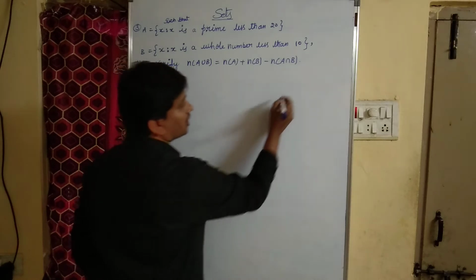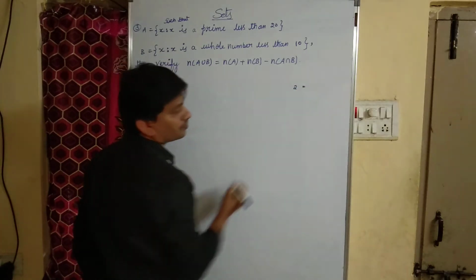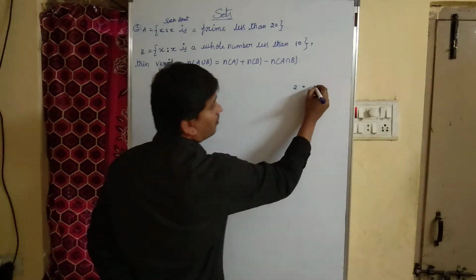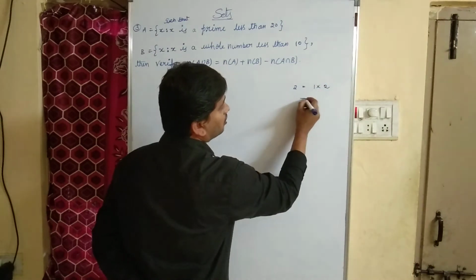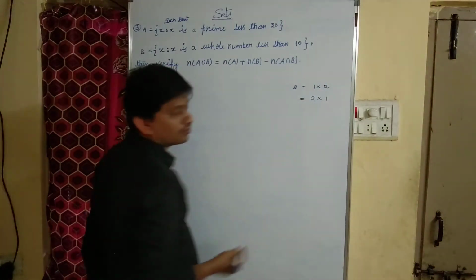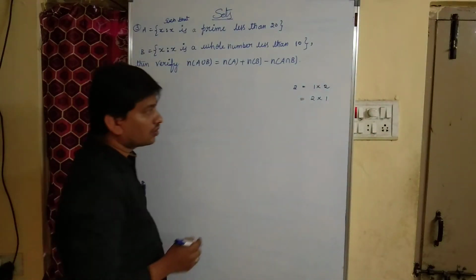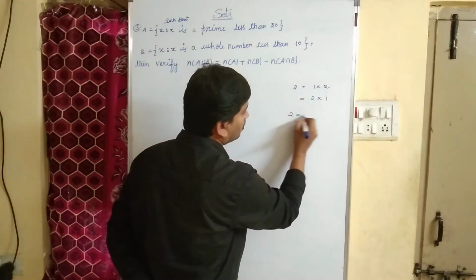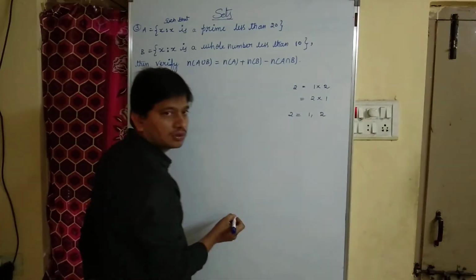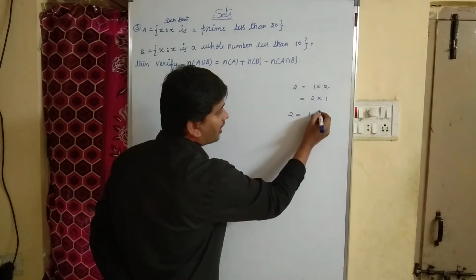Suppose you see number 2. What are the factors of 2? 1 2s are 2, 2 1s are 2. The only factors of 2 are 1 and 2. That is 1 and itself.